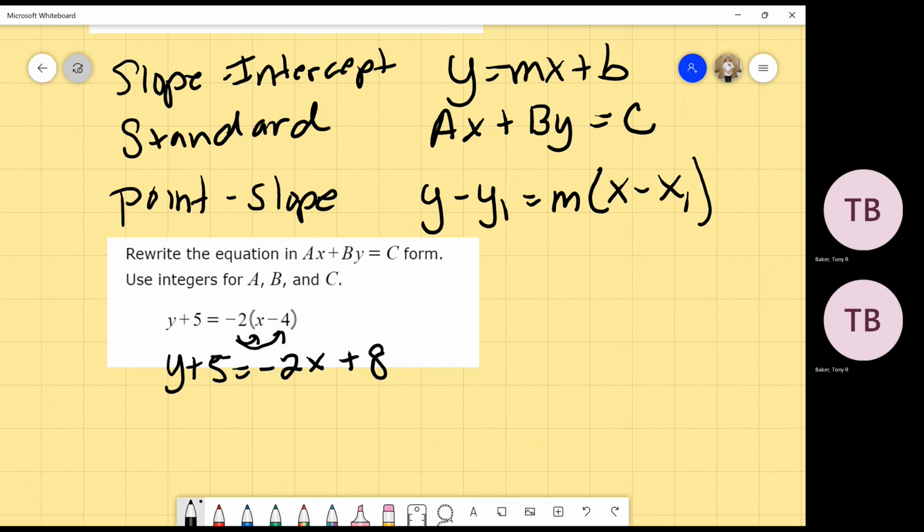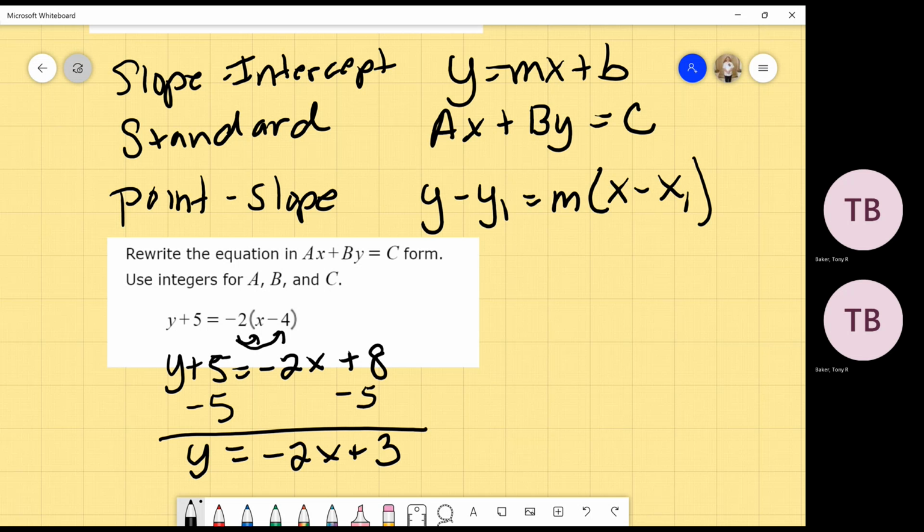It's fine. All right, so what's the next step I want to do? Yeah, let's move the 5 over. So actually, the reason why I showed you this is because what we're going to end up doing is slope-intercept form. So -2x plus 3. The 5 was already there. Yeah, and then I'm just subtracting from both sides.